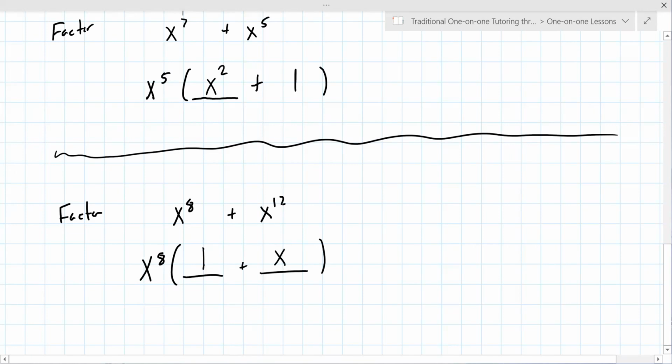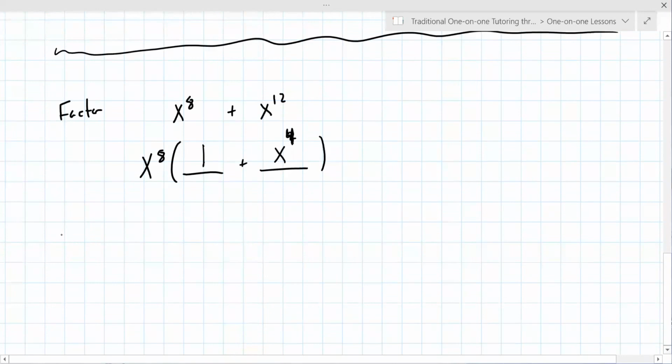And then x to what power to get 12? Just 1? If I put a 1 here, x to the eighth times x to the 1 doesn't get me to 12. Oh, it's 2? 2 is not big enough either, because remember you're adding the exponents. 4. Yes, x to the fourth, good.